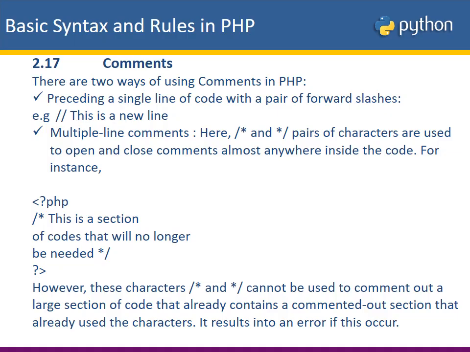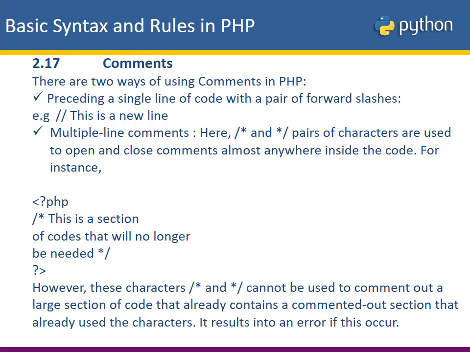So we can see the example under this 2.17 comment, starting with less than question mark PHP, and starting the comment with slash asterisk. This is a section of code that will no longer be needed, ending with asterisk slash.